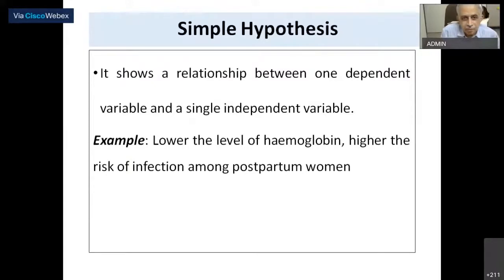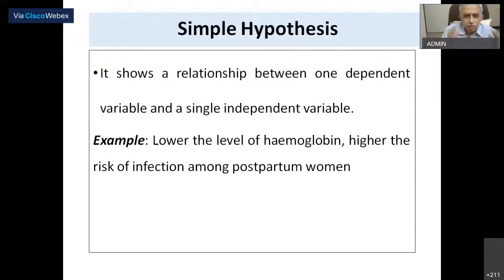The hypothesis can be very simple, with one dependent variable and one independent variable. You just think what is the connection between the two. Like here you have hemoglobin level, then you have infection in postpartum women. You want to know whether hemoglobin level will affect the risk of infection in postpartum mothers.